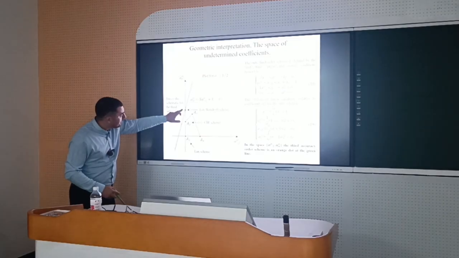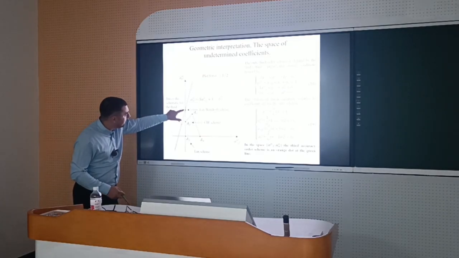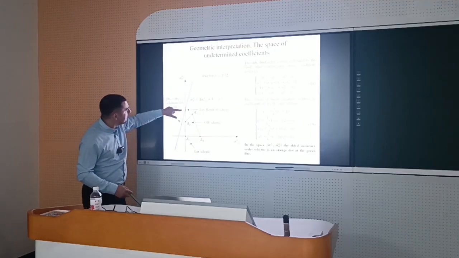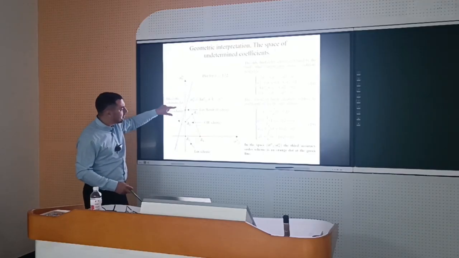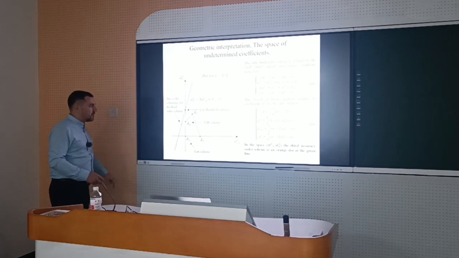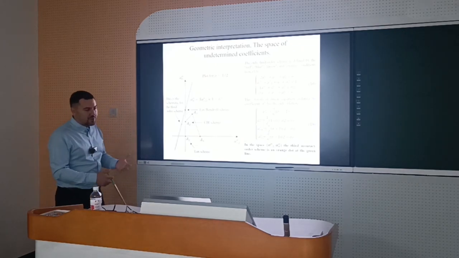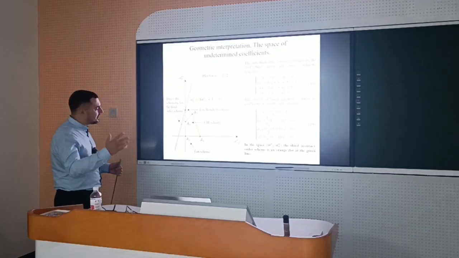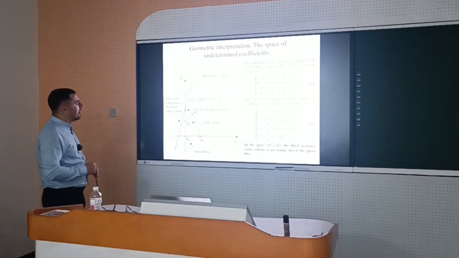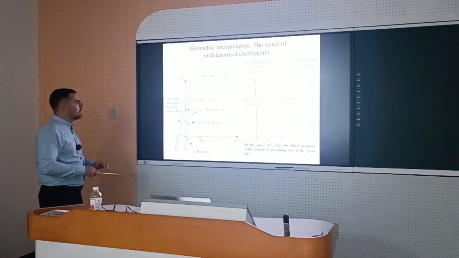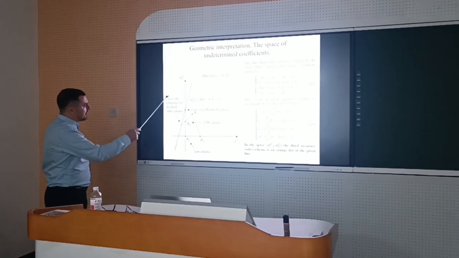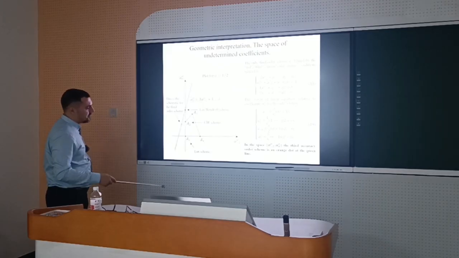So you can check that indeed the coordinates of this point of intersection of this green line with this alpha 0 axis correspond to the Lax-Wendroff scheme. So we provided some generalization of these linear schemes for the linear advection equation in the space of undetermined coefficients, and there are also some features for the future.